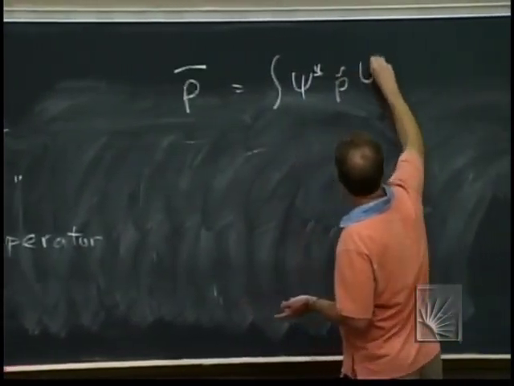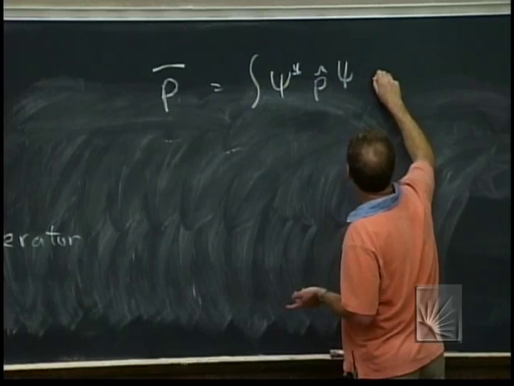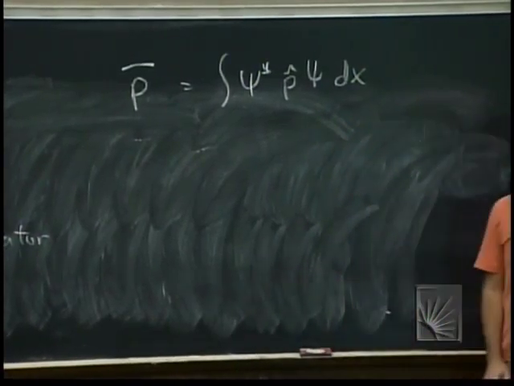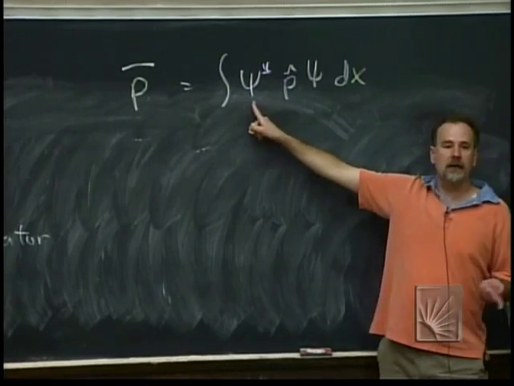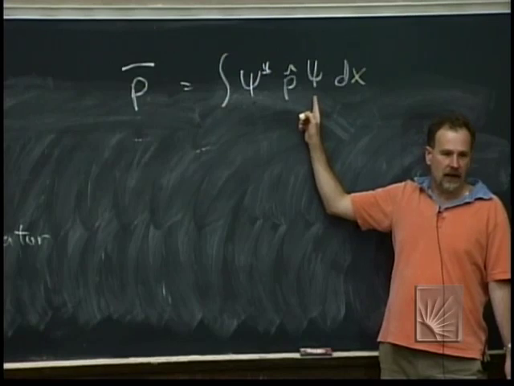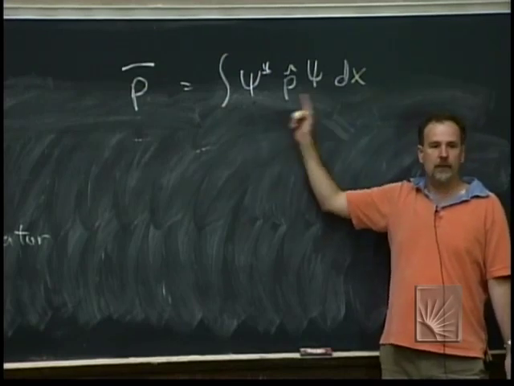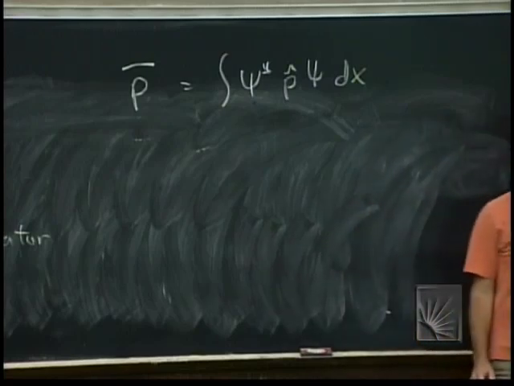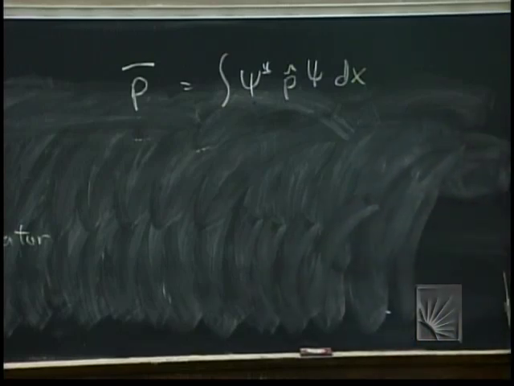From now on, what I mean is do that: take the complex conjugate of psi, then put the operator, then put psi, create this product, and then take the average, then take the integral. If psi was properly normalized, then that's the average.